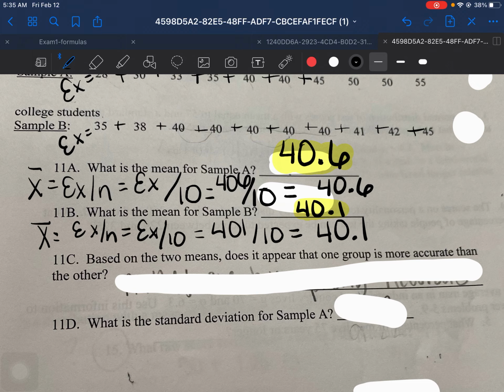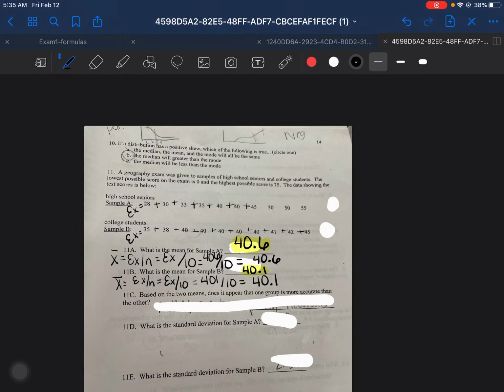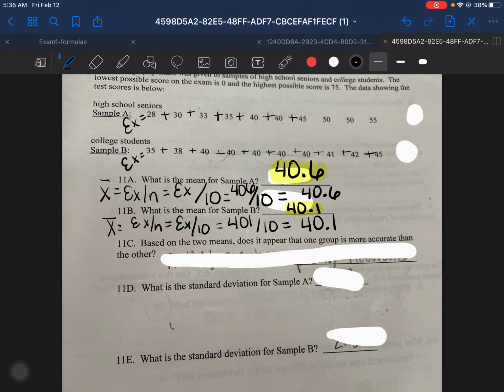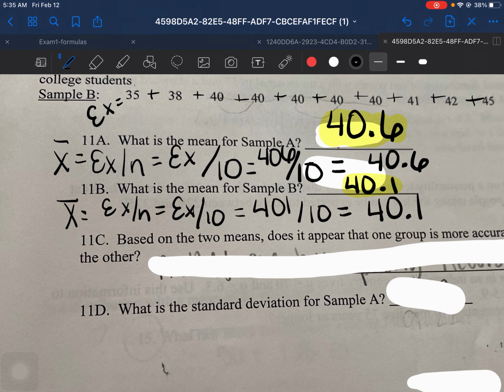This question says, based on the two means, does it appear that one group is more accurate than the other? So this is about taking a test. So more accurate would mean like got more answers right. But by looking at the means and comparing them, 40.6 compared to 40.1, that's really close to each other.